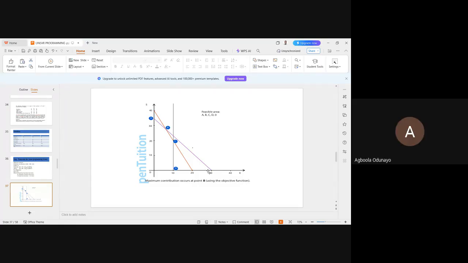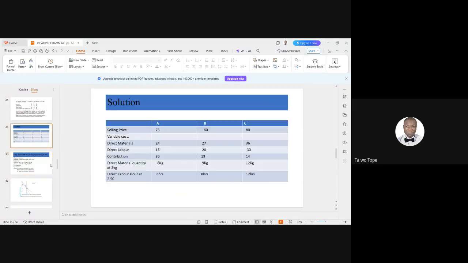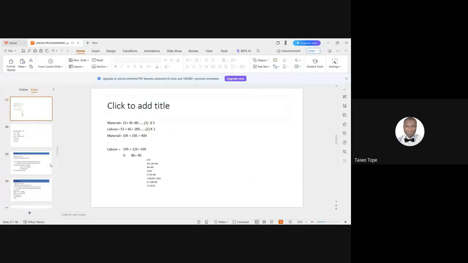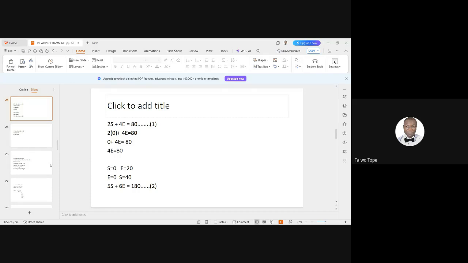It is 20. When X is 0, E is 20. But in each of those equations, let me go back there. Let me copy my results. In each of those equations, this is what I want.